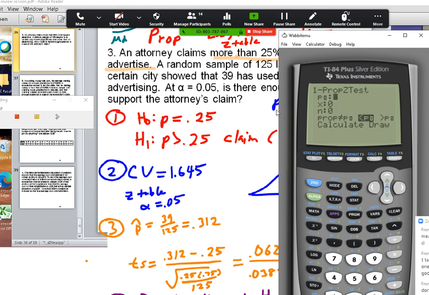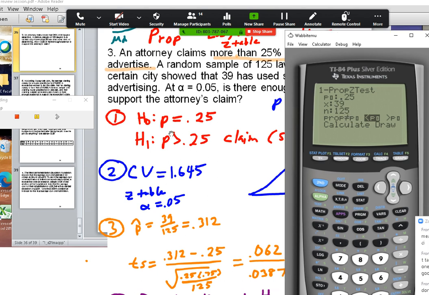My p naught is from here, so that's 0.25. My x is 39 successes out of 125. So I can put those in there, and n is 125. And then my claim was greater than.